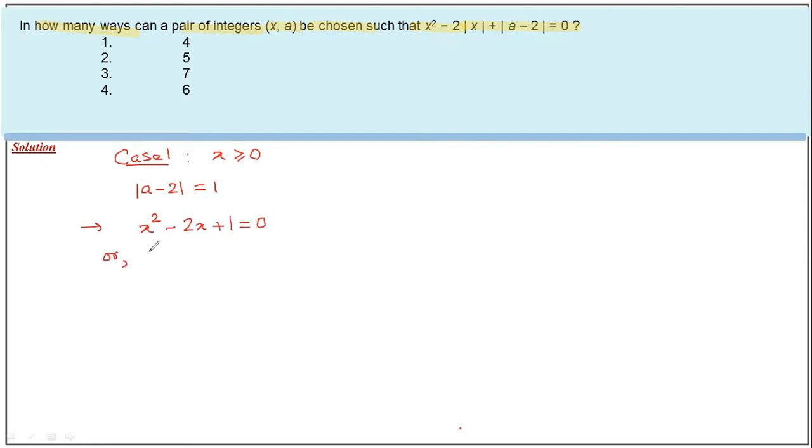or x minus 1 whole square equal to 0, which means x equal to 1. So when x equal to 1, now mod of a minus 2 equal to 1 means a can be equal to 3 or a can be equal to 1.